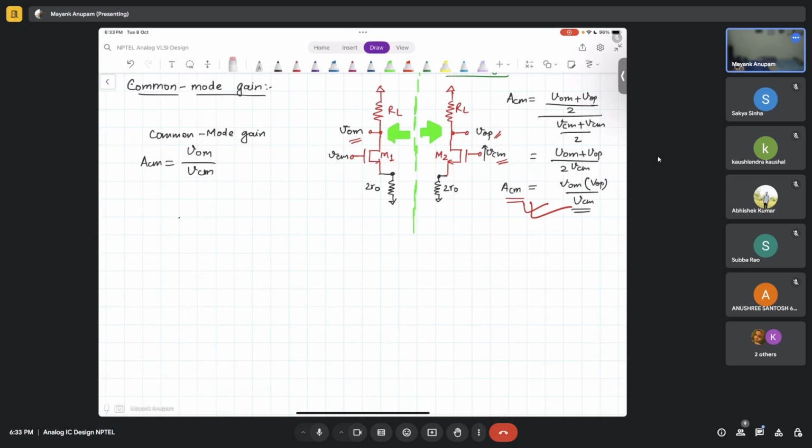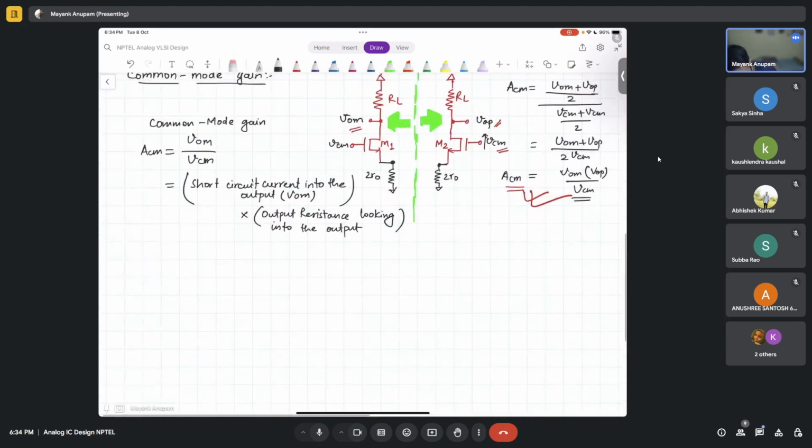First you find out the short circuit current into the output, that is VOM here, and this should be multiplied with the output resistance looking into the output.